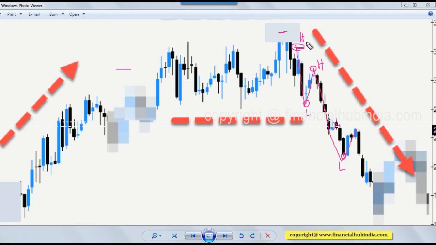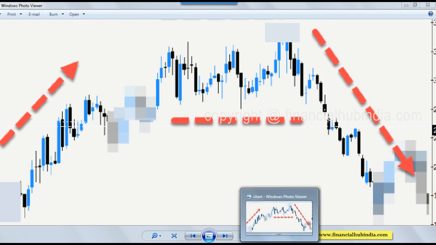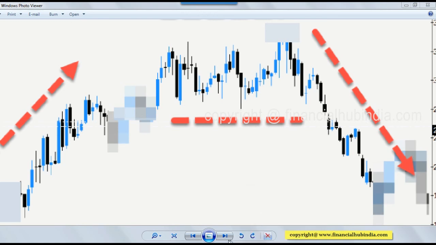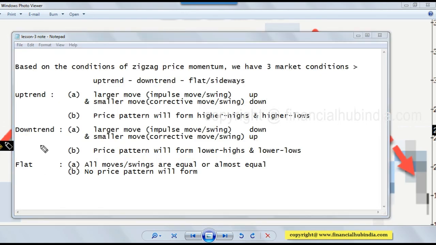You're making lower highs in terms of swings, and you're making lower lows because this was the last low. So there is one low here. Right? So when you are making lower lows and lower highs, then you are in a downtrending condition. In a downtrend, your price pattern will form lower lows and lower highs with a larger move down and a smaller move up.